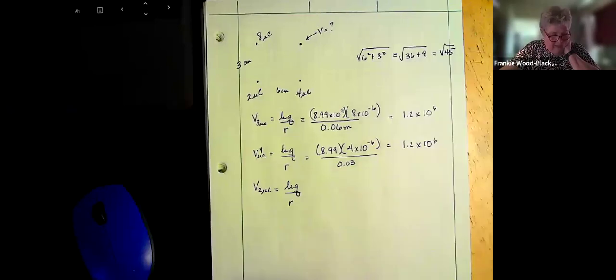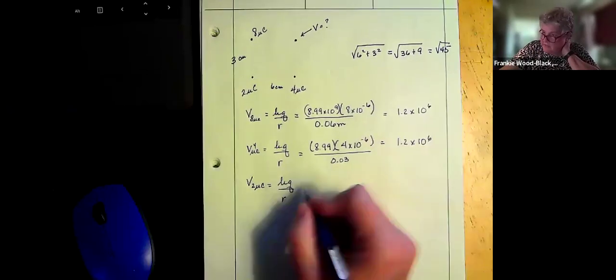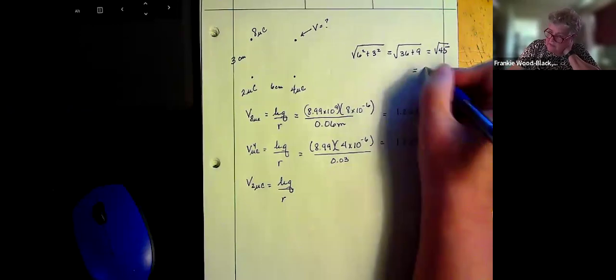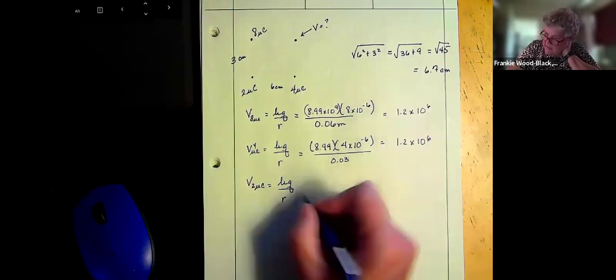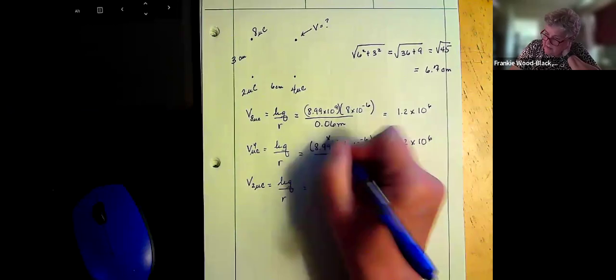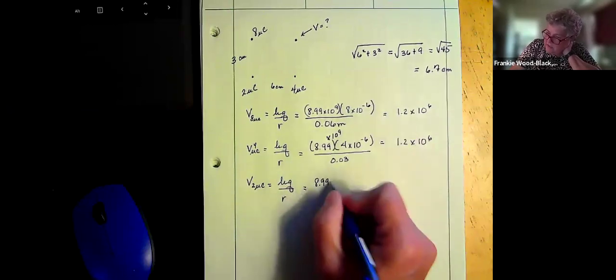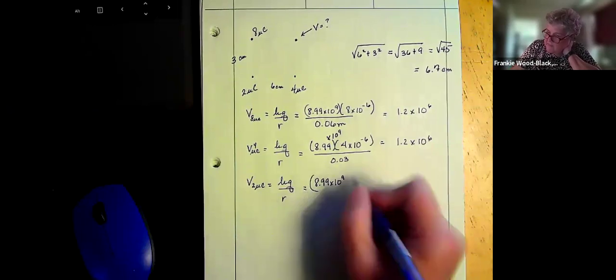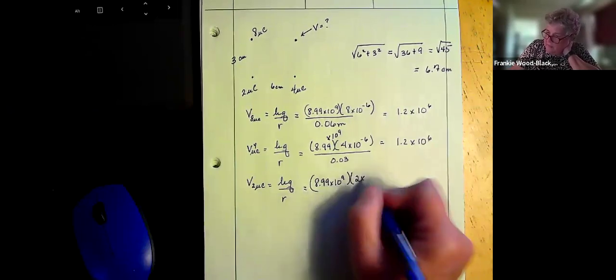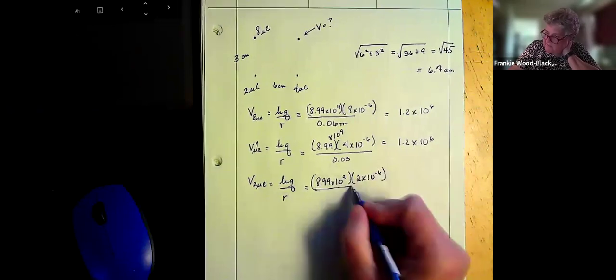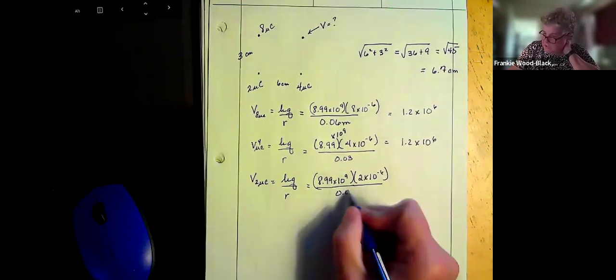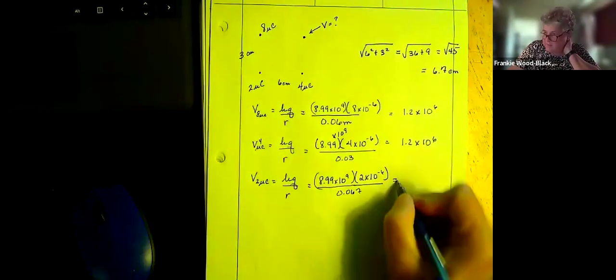And that gives me 6.7 centimeters. So, there's my 8.99 times 10 to the 9th, 2 times 10 to the minus 6, and I'm at 0.067. And this gives me 2.69 times 10 to the 5th.